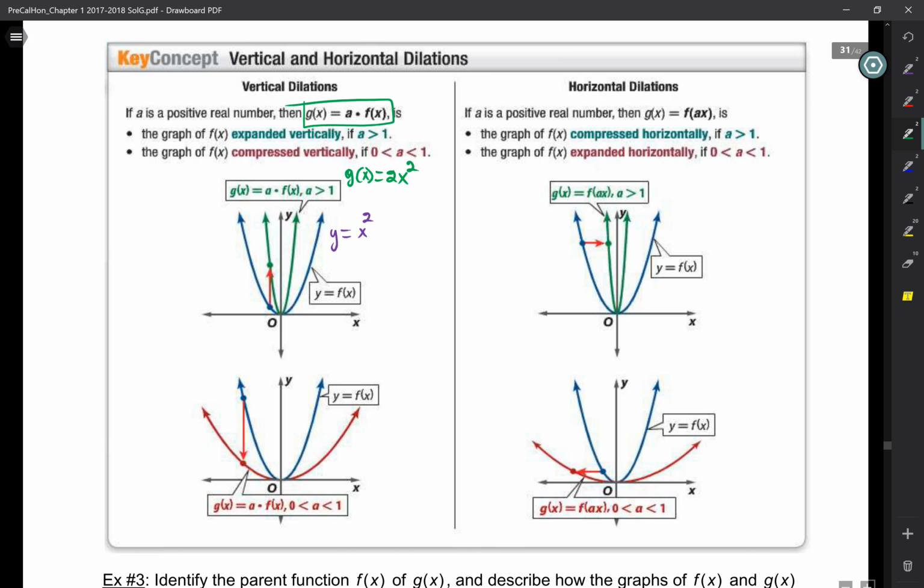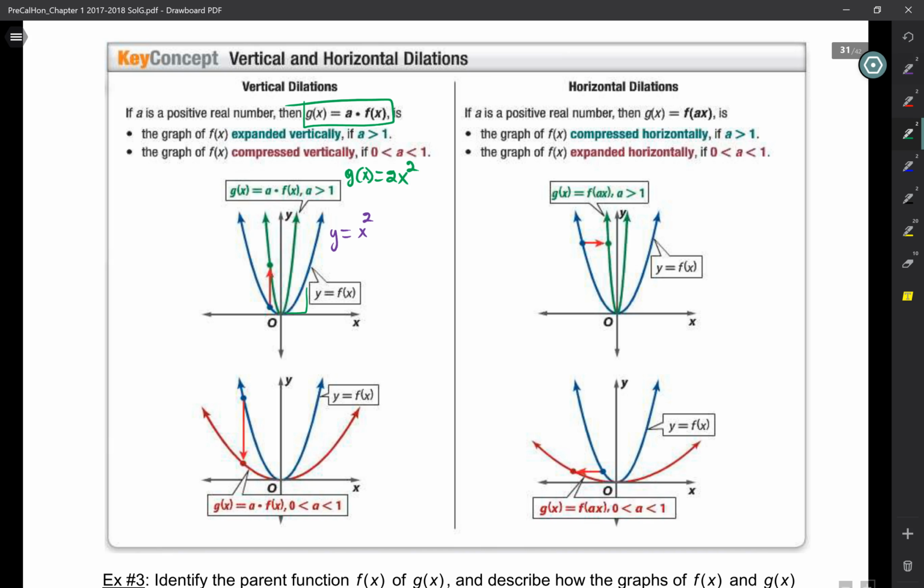When graphing a parabola, if you go to the right 2, how much would you go up if it's just y equals x squared? 4. But if it's 2x squared, then you go twice that. So for each increment that you go over, you have to go up twice.